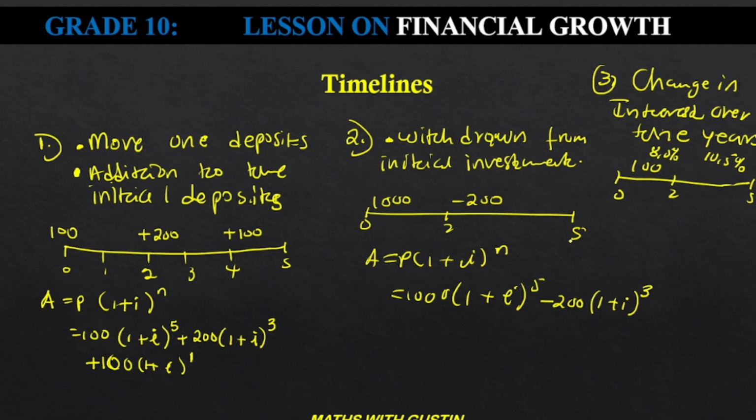All right. So in this case, if you have an interest change, this is what you will do. With an interest change, you are going to use the compound formula. You're going to say 100 rand at that interest of 8.5%, which is 0.085. It was only for 2 years.